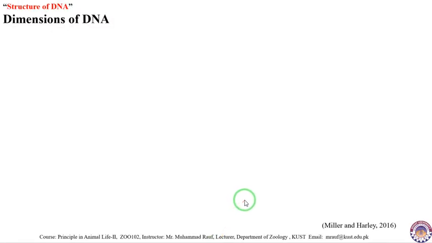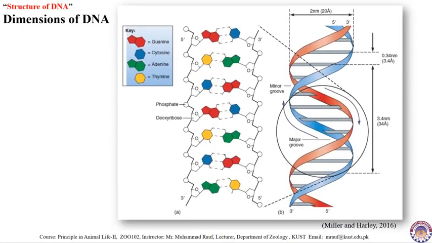Coming to the dimensions of DNA, here the values have been shown in two different units. One is nanometer, the other is angstrom. 1 nanometer is equal to 10 angstrom.